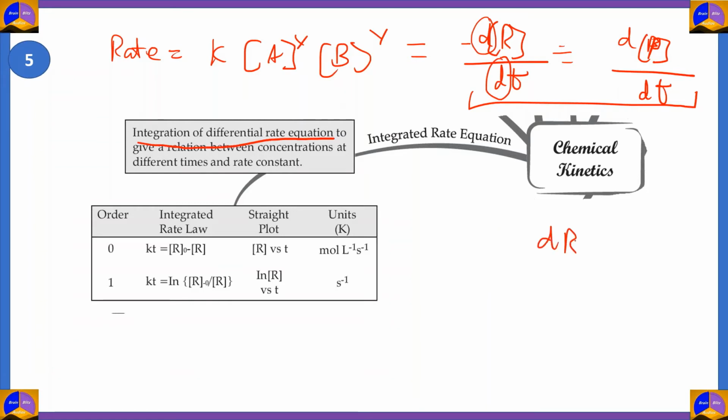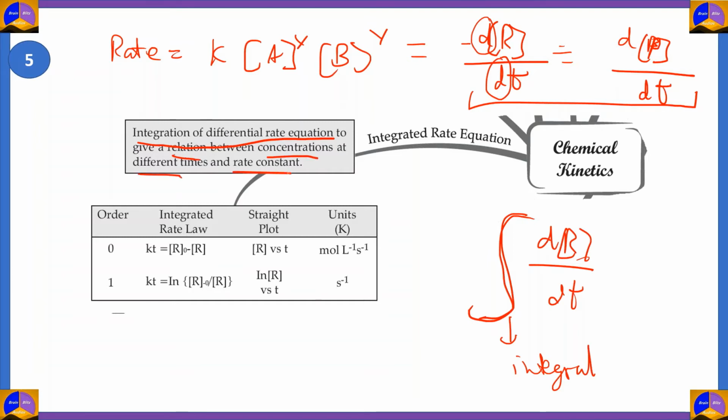We combine together all the different pieces of values from the differential rate equations to give us a relation between the concentrations at different times and the rate constants. So it basically unifies the different points on the graph.